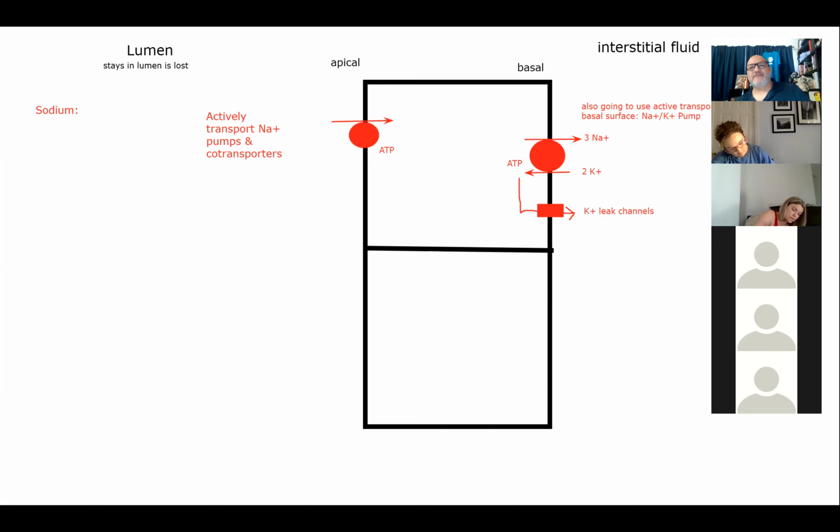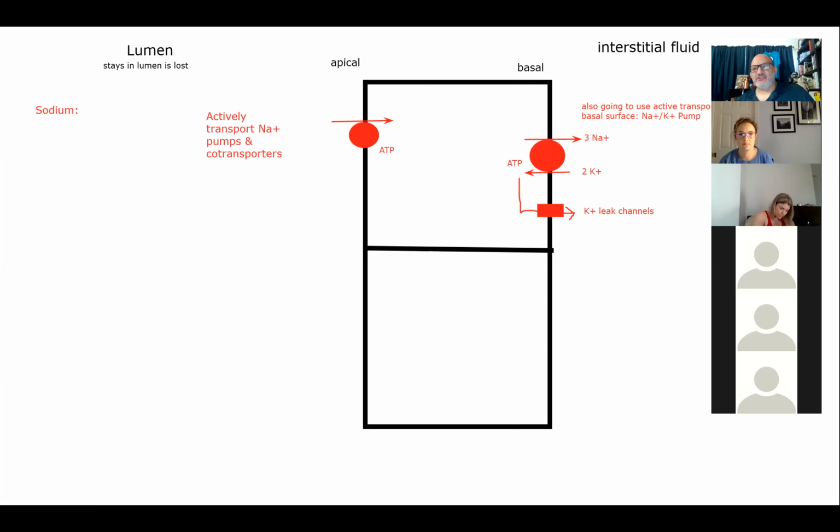Now, the advantage of this setup, the fact that we're using ATP both on the apical and the basal surface, is that as soon as sodium comes into the cell, we can quickly rush it back out again.